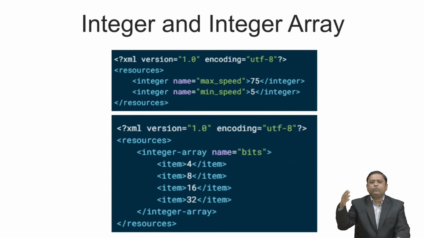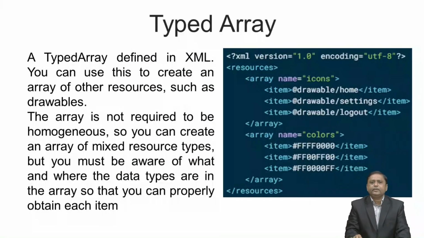So, a bit may be 4, 8, 16 or 32. bits[0] refers to 4, bits[1] refers to 8, bits[2] refers to 16 and bits[3] refers to 32. So, we can access individual elements of the integer array using index values which start from 0. So, this is how we can define integer and integer array.